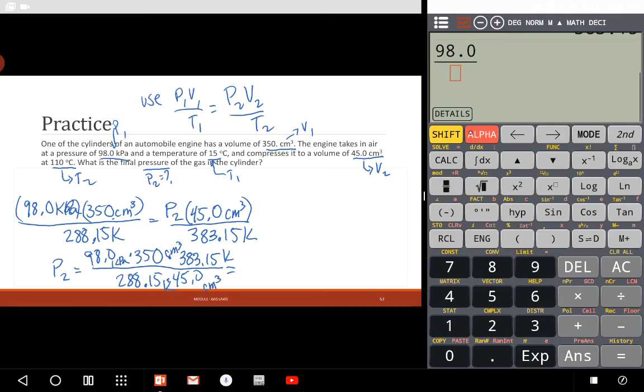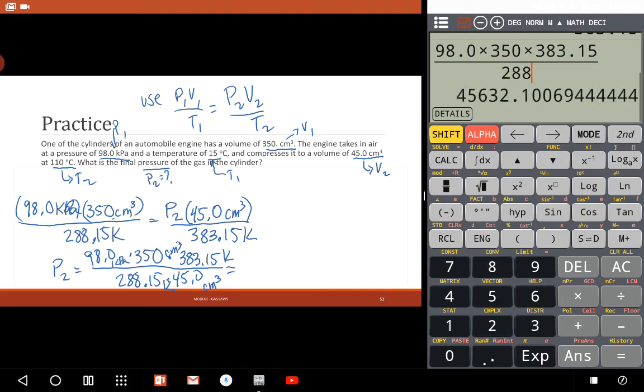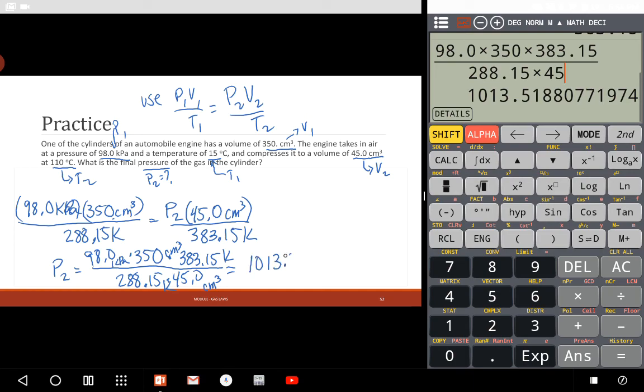So I got my 98, and I got to multiply that by 350, and then multiply that by 383.15, and then I got to divide by 288.15, and then you got to make sure that you're also dividing by that volume. And so that says that my P2 is 1013.5 kilopascals. That's a big kilopascals.